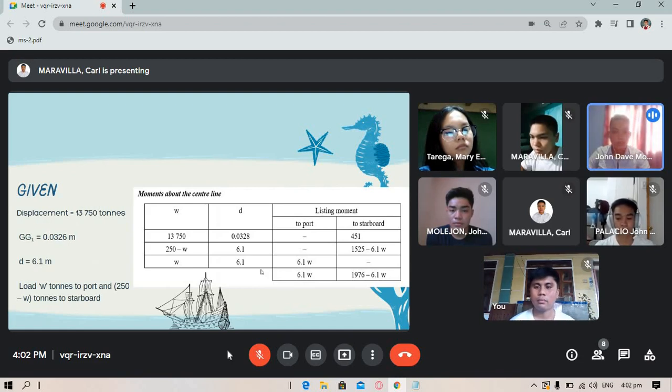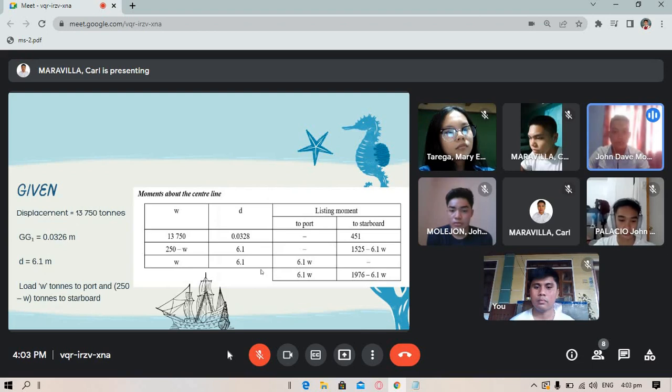The moment about the center line: weight, distance, and listing moment, to port and to starboard. To get the 451 listing moment to starboard, multiply 13,750 by 0.0328 to get 451. Then 250 minus W, with distance 6.1.